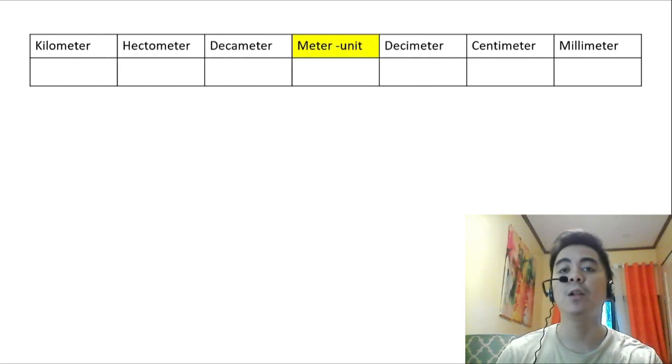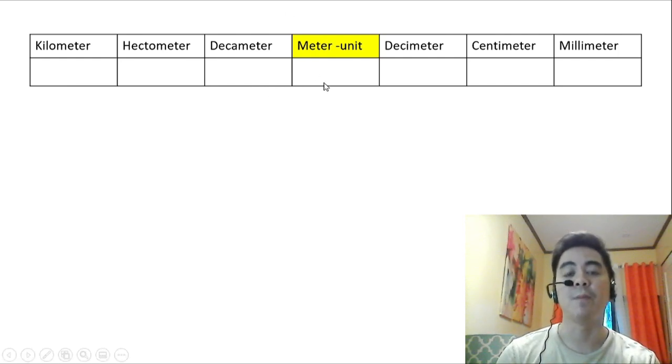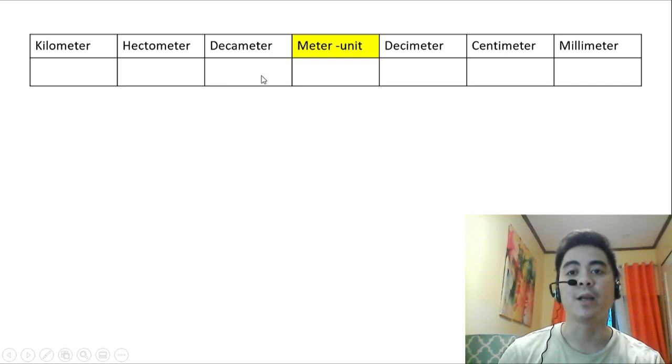Here is a table of the metric system. The middle is the meter, the basic unit. Going to the left are the larger units: decameter, hectometer, and kilometer. Going to the right are the smaller units: decimeter, centimeter, and millimeter.